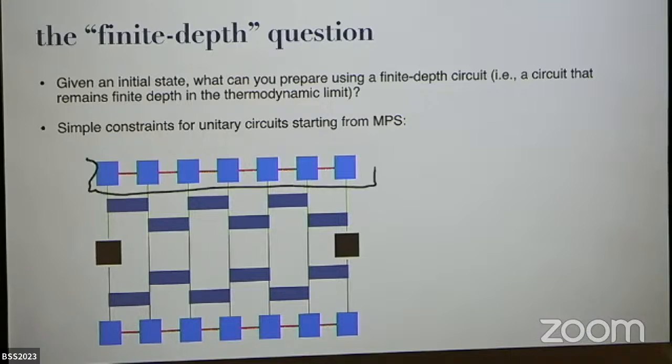So this is my MPS, and to begin with I'm going to apply some unitary gates to the MPS in this brickwork pattern. So it's a finite depth unitary circuit. And then I'm going to measure a correlation between an operator over here and an operator over there. And I want to know what this correlation is.